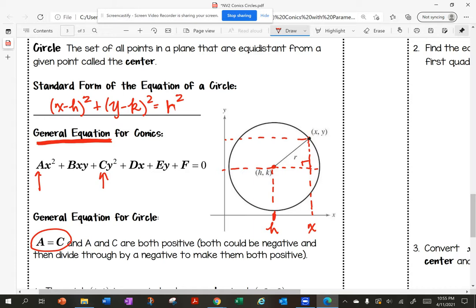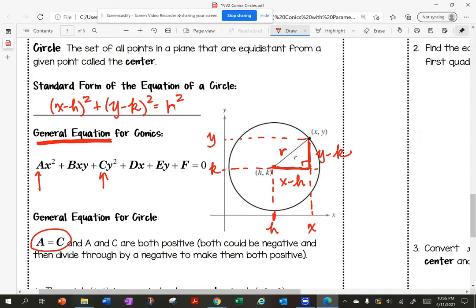Here my y coordinate is k, and here my y coordinate is y. So anytime I want to find the distance, I subtract. So this distance right here is going to be x minus h. And this distance here is going to be y minus k. And the hypotenuse of this right triangle is r.